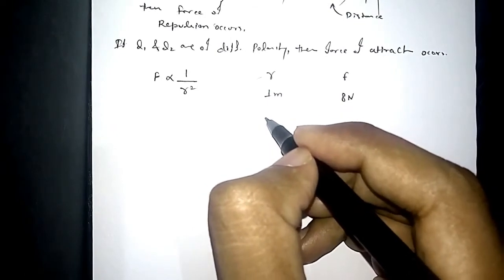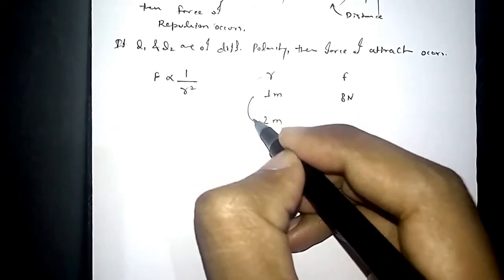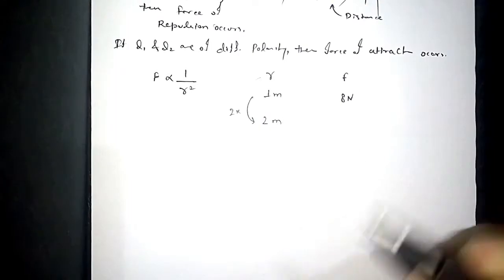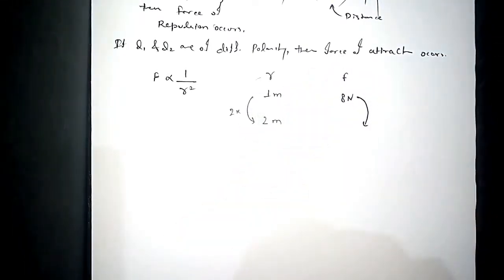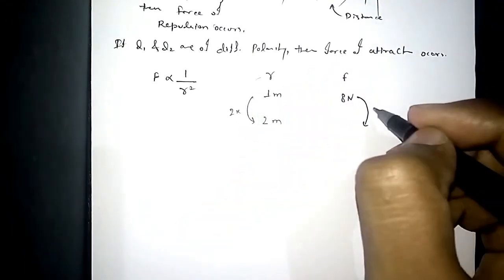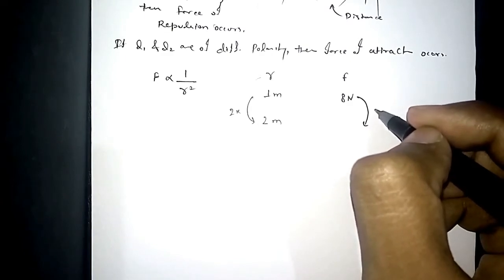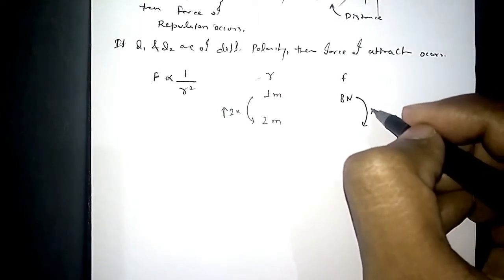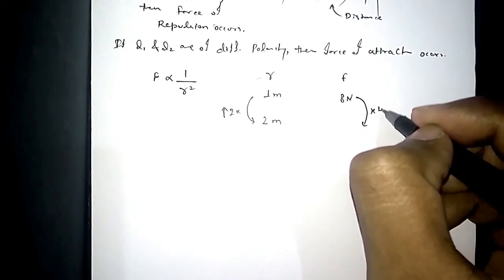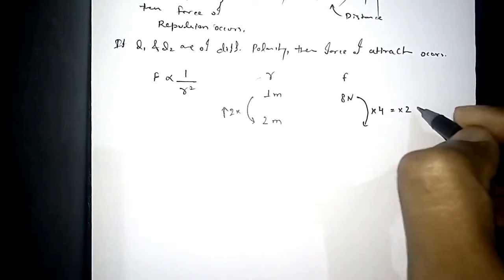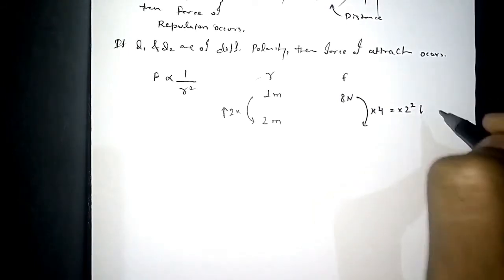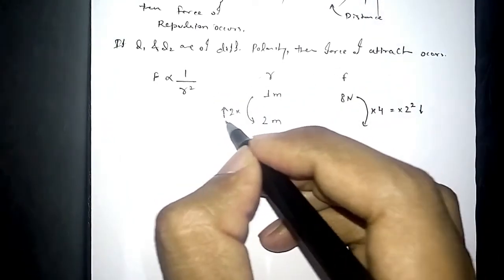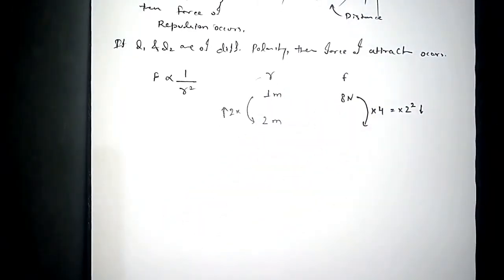Okay, when he increased the distance by 2 times, he noticed that force is decreased by 4 times, which is the square of the increment in the distance.